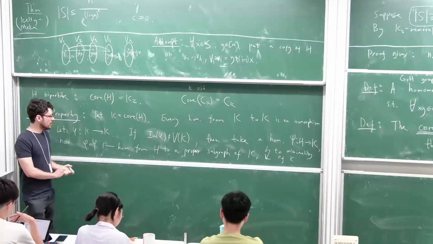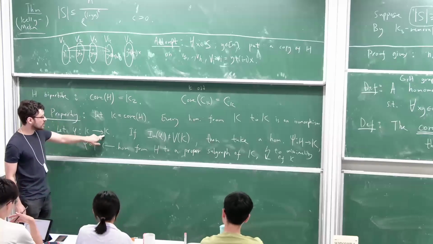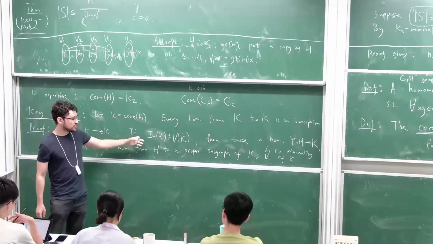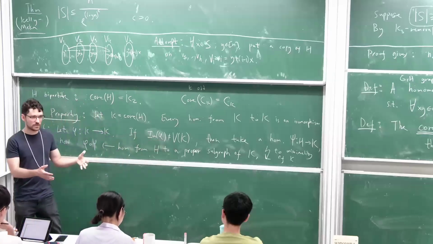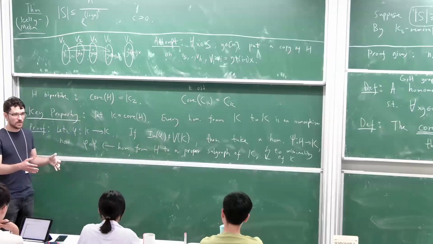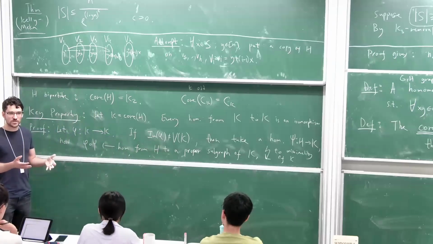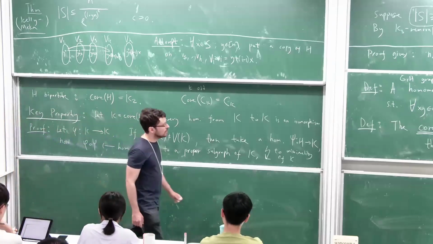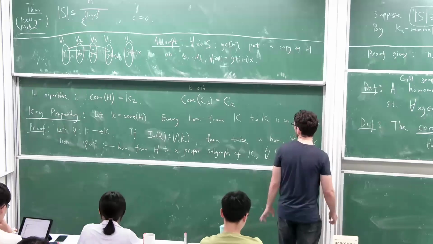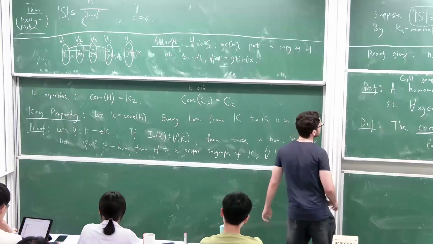So if I take any homomorphism from K to K, it has to be bijective, because the image has to be everything. But because it also preserves the edges, it has to be an isomorphism. Very good. So this is the important property of the core.